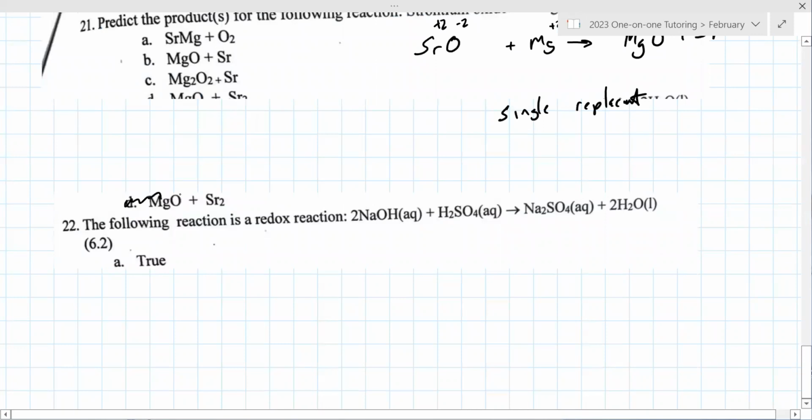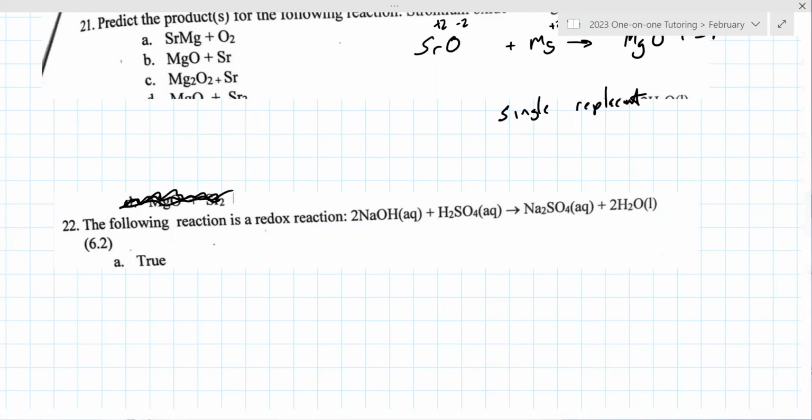You said 22 and 23? So 22, the right answer is B. I put A. So we need to look at what makes a redox reaction. Transfer of electrons. NaOH.